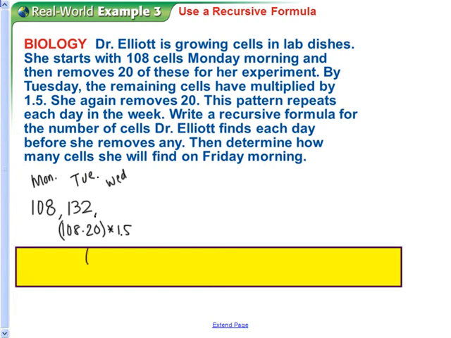Okay, so then what are we going to get for Wednesday morning? That's going to be 132. She takes out 20 again, and times the remainder by 1.5. So minus 20 times it by 1.5. She gets 168. Okay, so then the next day is 168, subtract 20, then times it by 1.5.